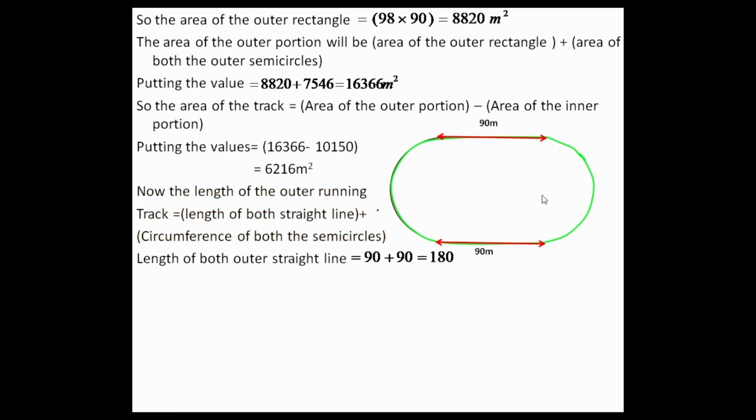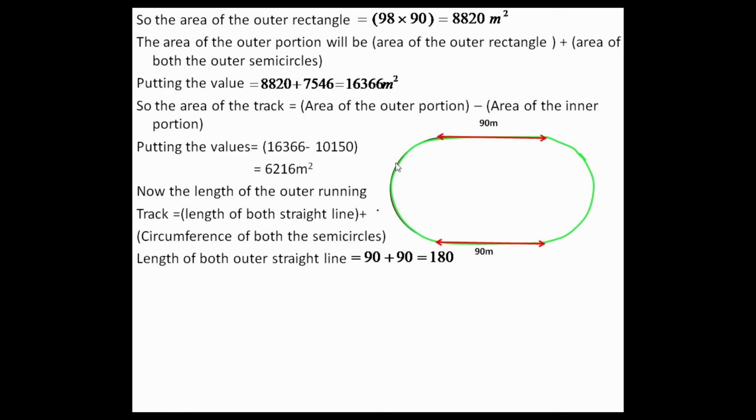So we know that 180 meter is part of this whole perimeter. Now we want to know this green portion.